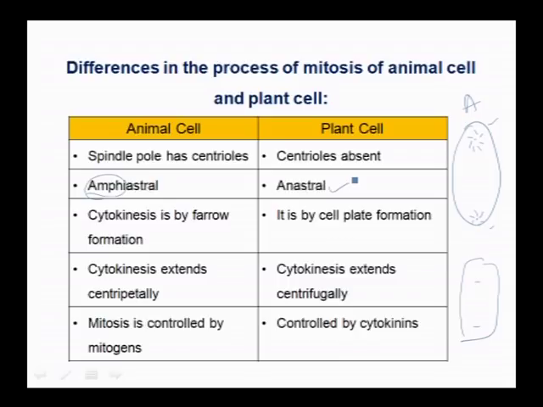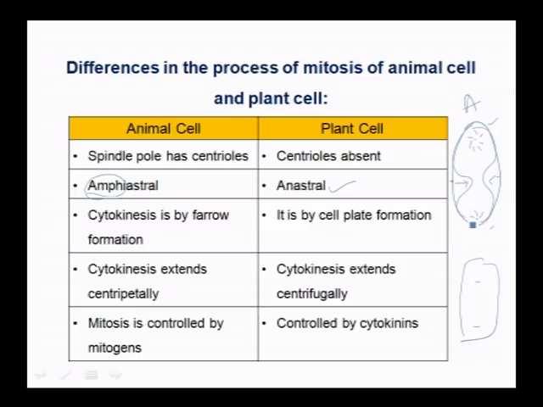Next, moving on to cytokinesis. Cytokinesis in animal cell occurs with the help of furrow formation. So, furrow formation occurs at the periphery here, and the filaments, microtubules, all these will start pulling the plasma membrane towards the center of the animal cell, as a result of which the animal cell will show the furrow or cleavage like this.